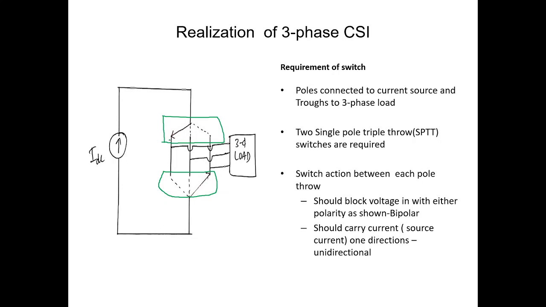Now the requirement on the switch. The switch action between each pole and throw should block voltage with either polarity, similar to that of the single phase current source inverter, but should carry current in only one direction. So between any pole and throw you require a bipolar and unidirectional switch.